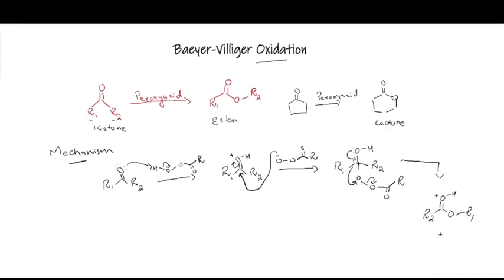And additionally, we have the formation of this carboxylate anion here, which is formed from the peroxyacid.